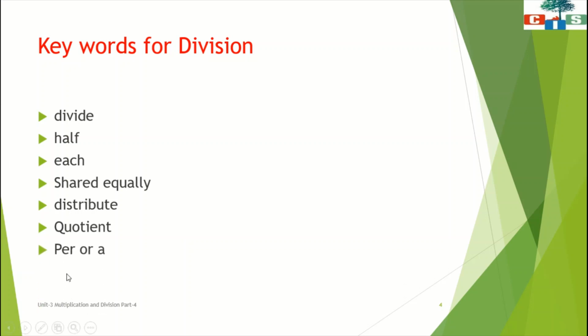Per or a means find per student or a student. If this keyword is given, it means we have to do division. So once again we will revise: divide, half, each, shared equally, distribute, quotient, per or a.